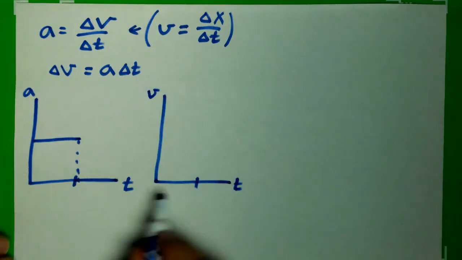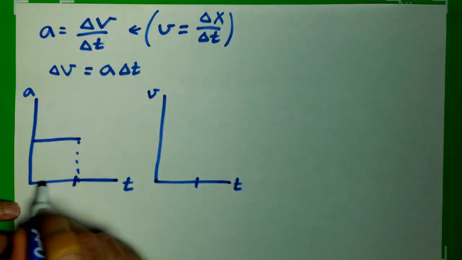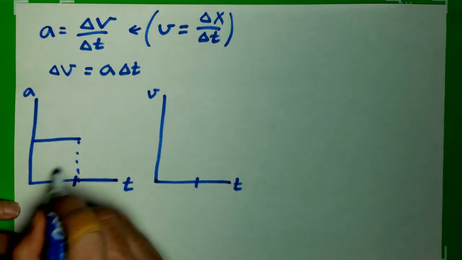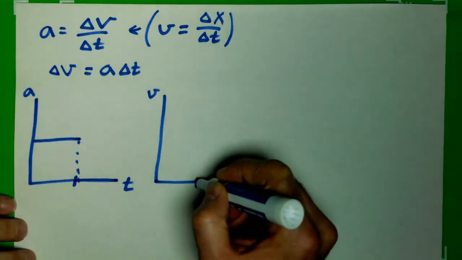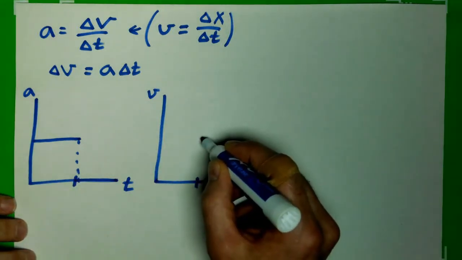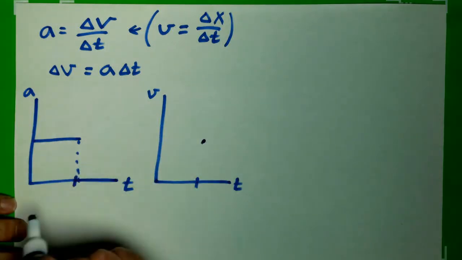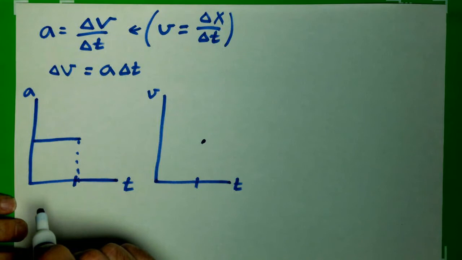So for this first time period, the acceleration is constant, and if this is the area, I know that the value at this time for velocity, let's say, is this much. That's the value of the area on this acceleration versus time graph.